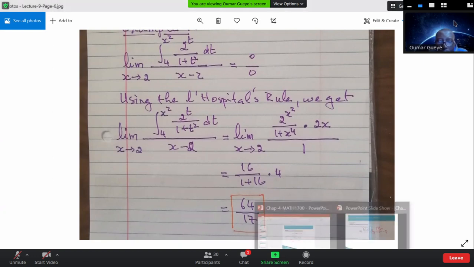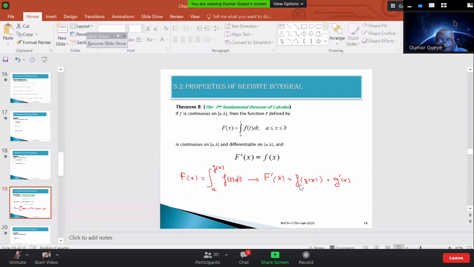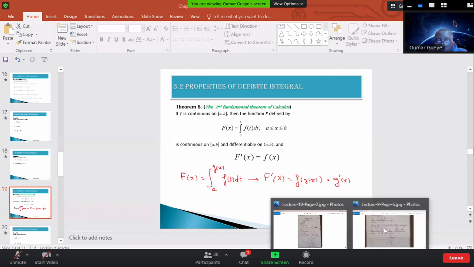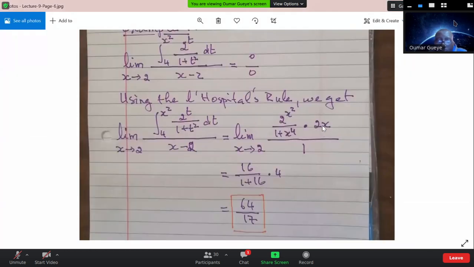I just use what I mentioned before right here. I'm integrating from a to g of x. In my case, g of x is equal to x squared. That's why I have to multiply with the derivative of x squared. That's what I did, and we get exactly 2x.